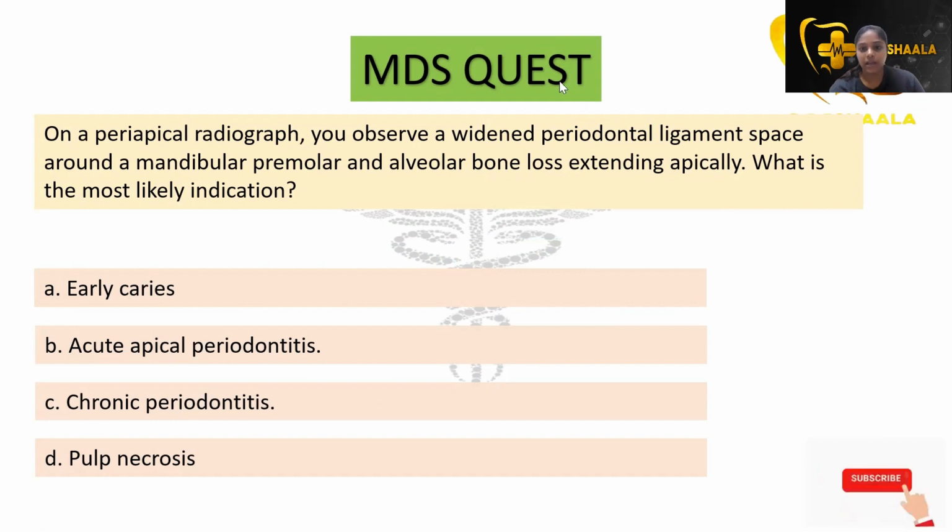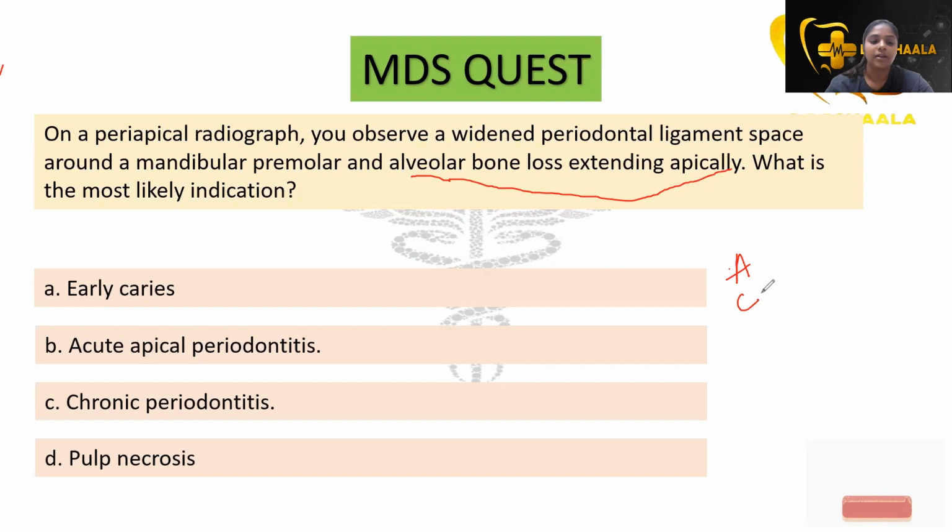Whenever periodontitis infections are given and there is bone loss, it means the infection has been there for a longer time, and based on that you can distinguish whether it is acute or chronic. Since alveolar bone loss is there, it means the lesion was present for a longer time. Then the answer will be chronic periodontitis for this question.